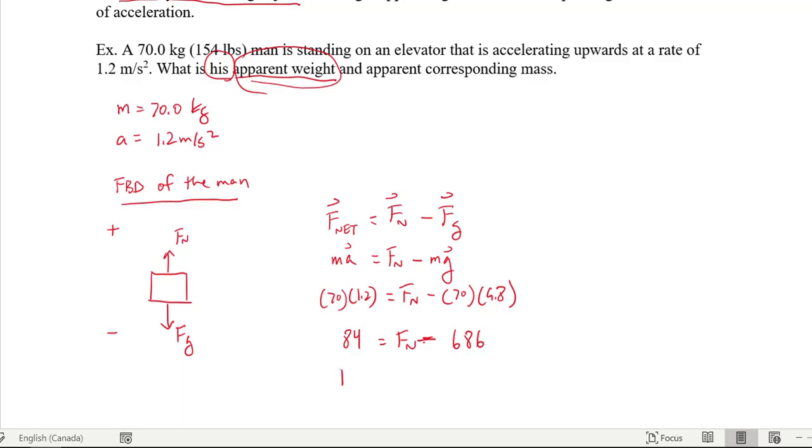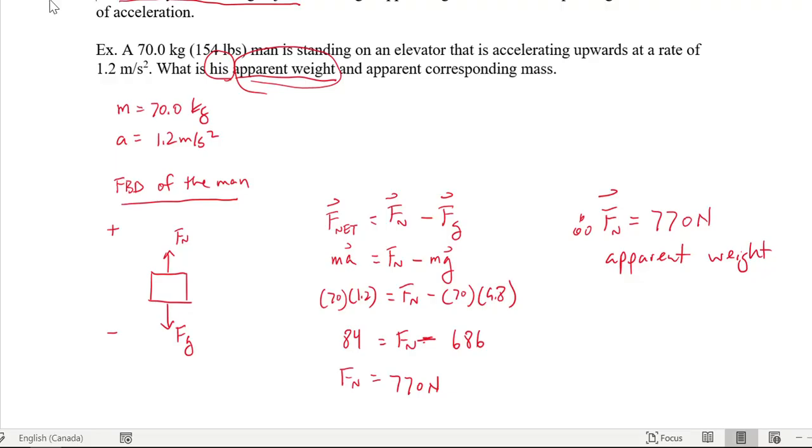Okay, and therefore Fn is equal to 686 plus 84, which is 770 newtons. So therefore, the man feels like he weighs 770 newtons. That's his apparent weight.